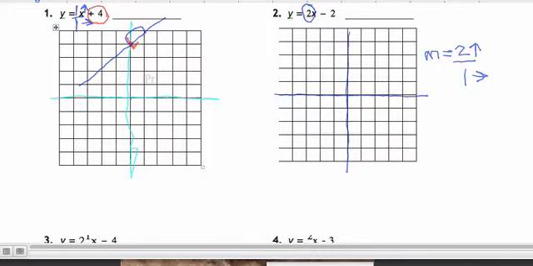And just like last time, we're going to start at the y-intercept, which is -2. So starting from the origin, I'm going to go down 2 and put a point. And then from there, I'm going to do my slope, which says to go up 2 over 1, put a point, up 2 over 1, put a point. And then I'm going to connect the line.